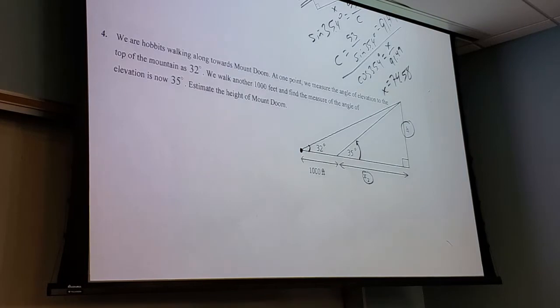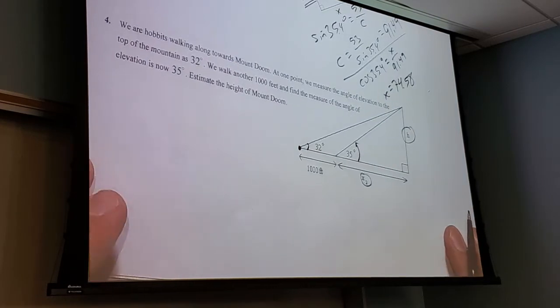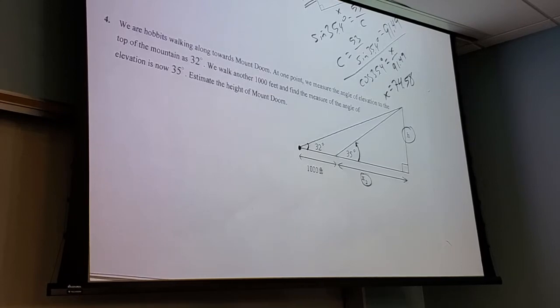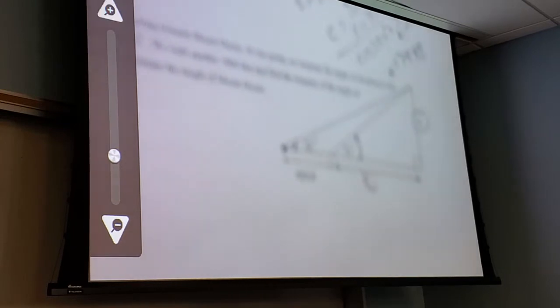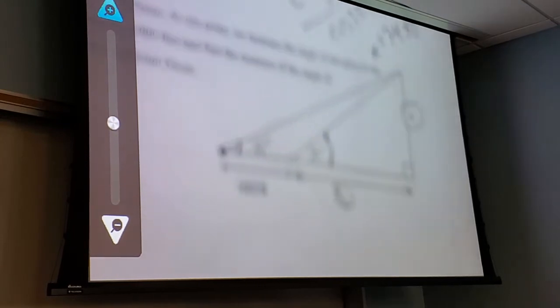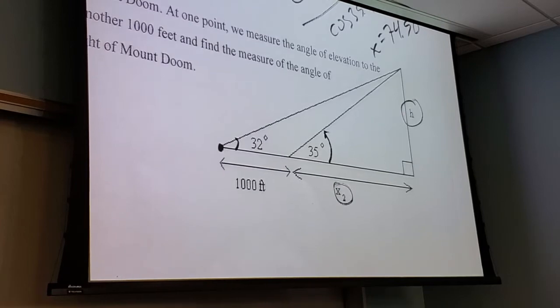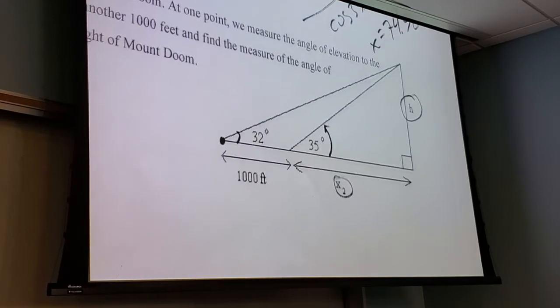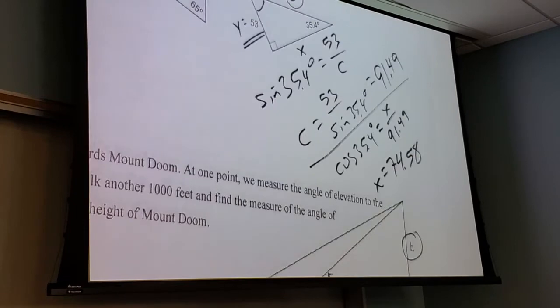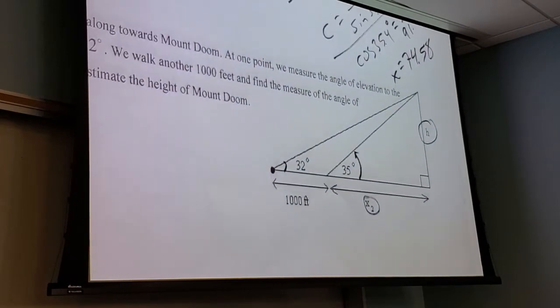Okay. So, this is a funky one. Can you guys see how many right triangles there are in that picture? Yeah, 2. Focus. Okay. For the big right triangle, you guys with me?